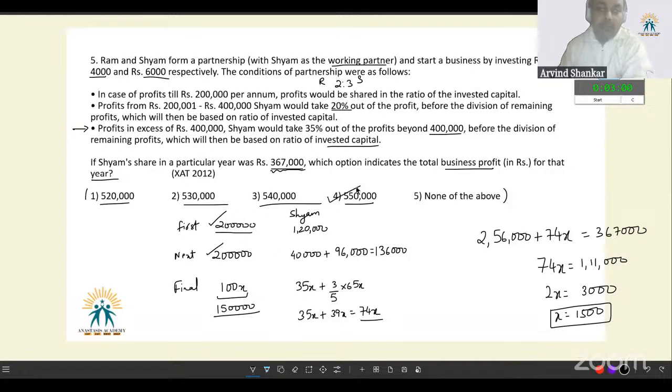It is 5,50,000. The good way of solving here was, see, this is, let's say, income tax calculation.